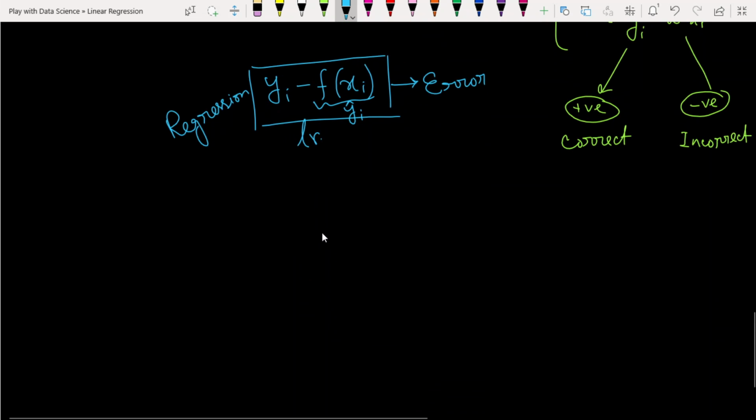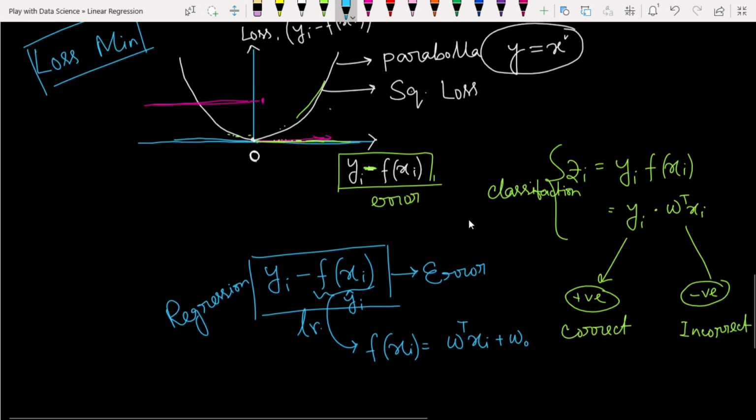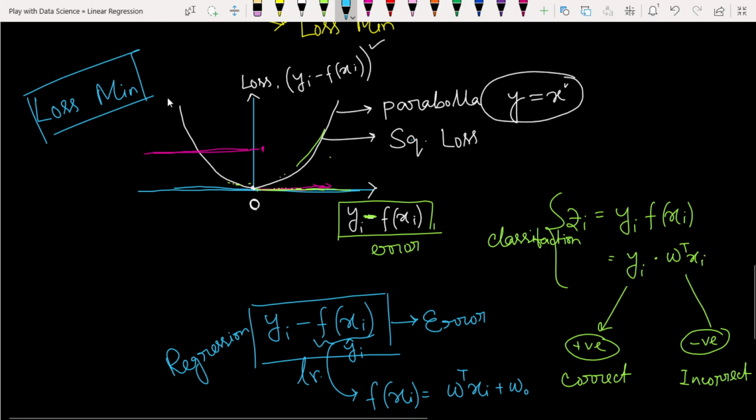We learned that f of xi is W transpose xi plus W naught, a linear equation.